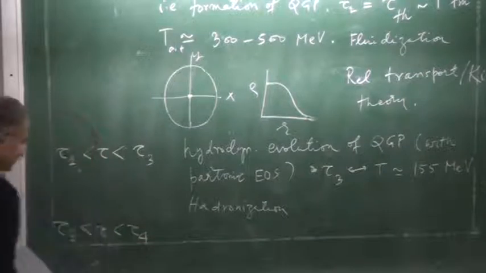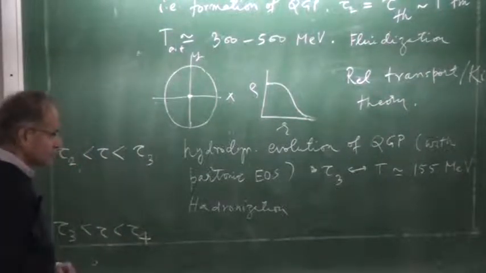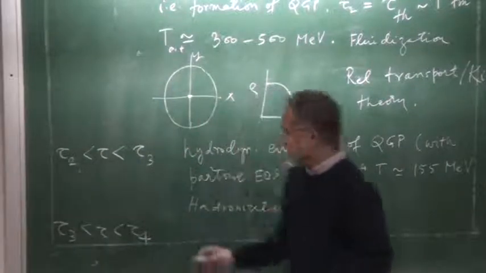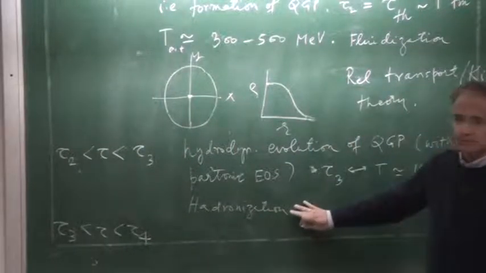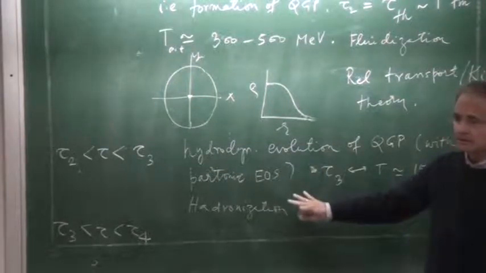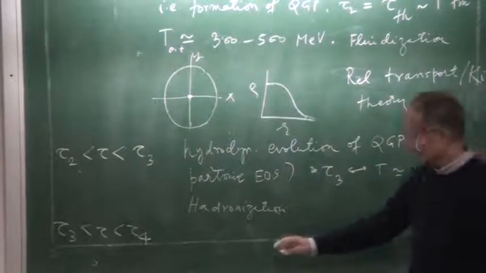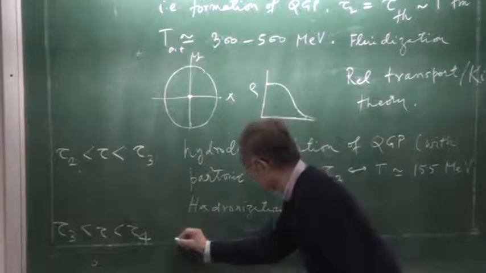Next, from tau 3 to tau 4. Now you have hadrons, and if they are in local equilibrium, then you can continue using the hydrodynamic framework. Of course, with an appropriate equation of state. So you can still use hydrodynamics.